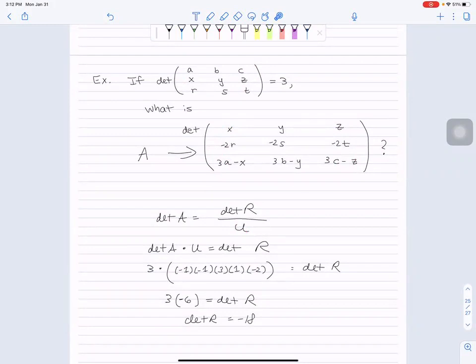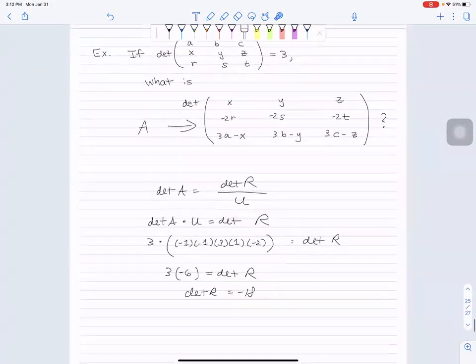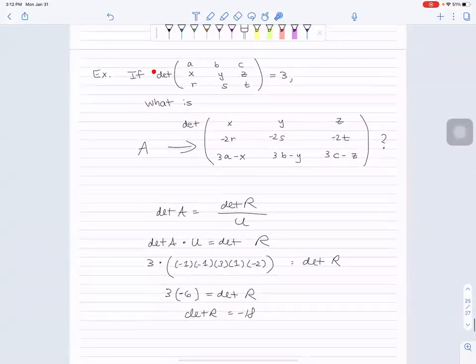So I like to think of it as whatever matrix you're starting with is A. You do a bunch of row operations, and whatever you end with is R. If you want to try it the opposite way to understand it better, you can see if you get the same answer.